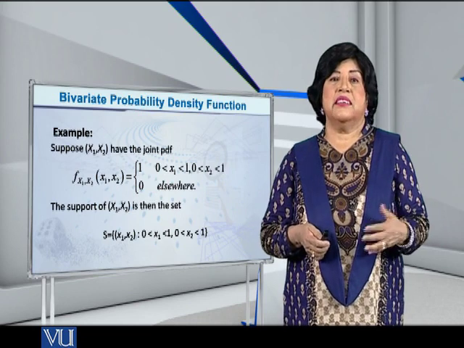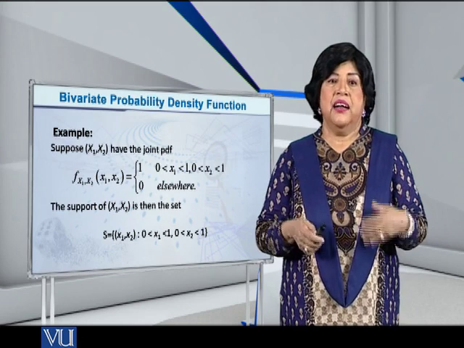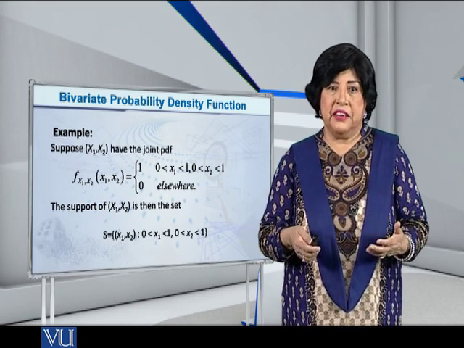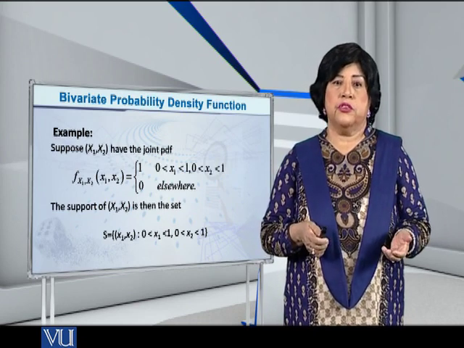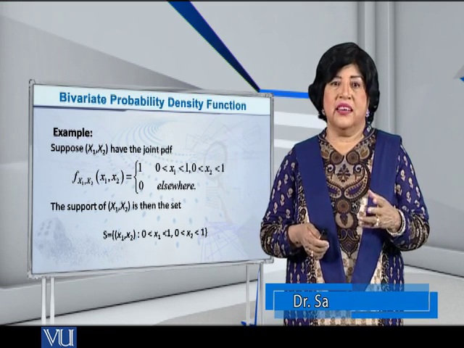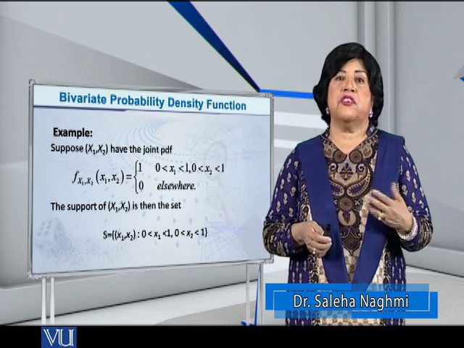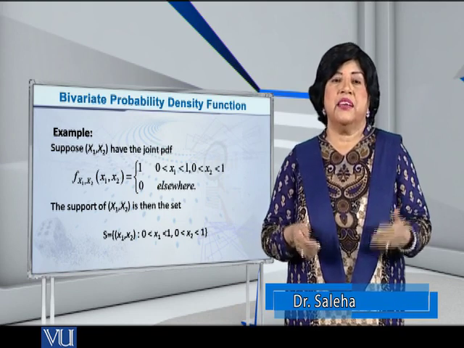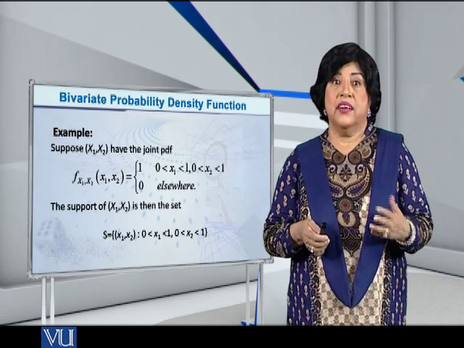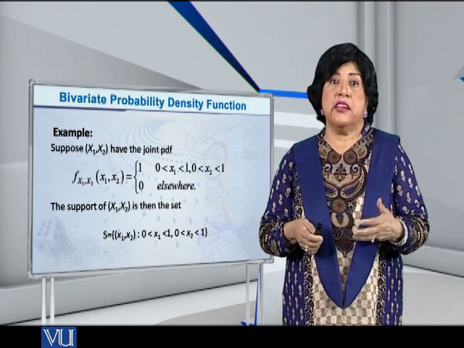Suppose that the random vector x1, x2 has the PDF f of x1, x2 is equal to 1, where x1 lies between 0 and 1, and x2 also lies between 0 and 1, and the PDF is equal to 0 elsewhere.